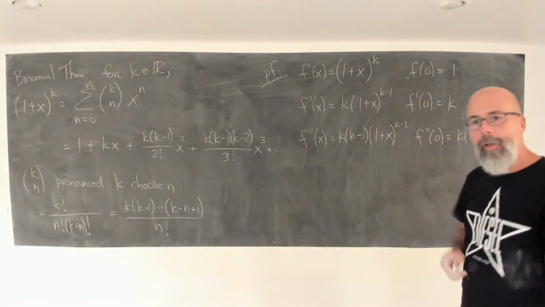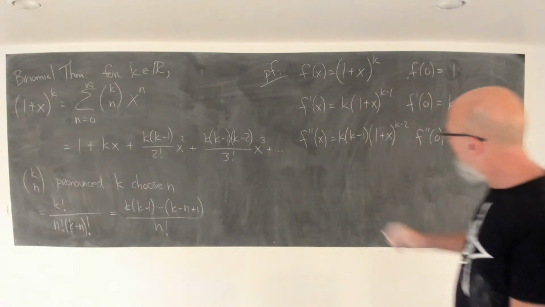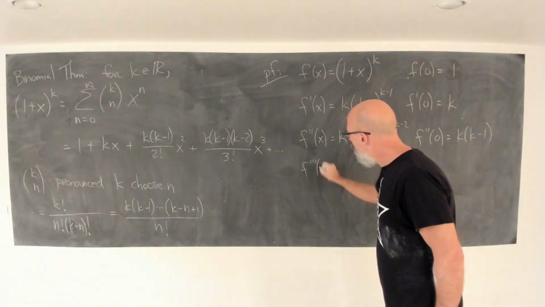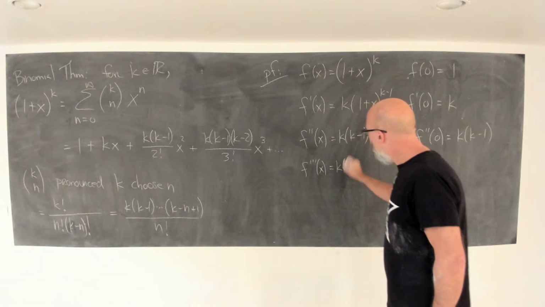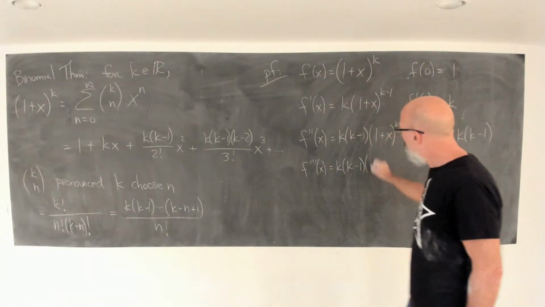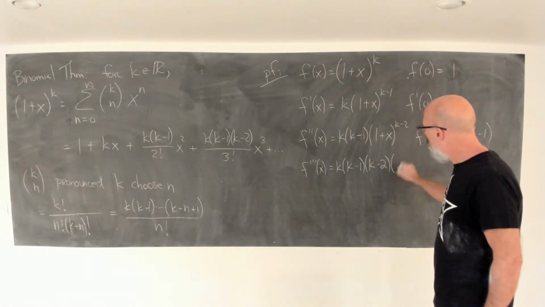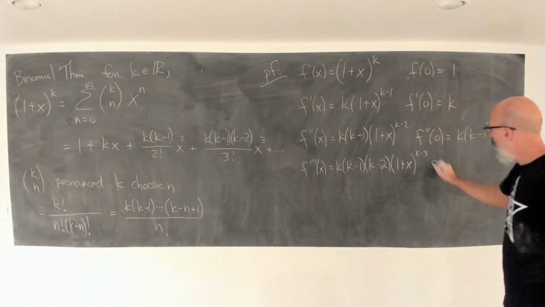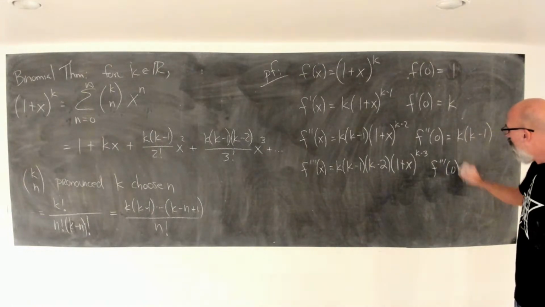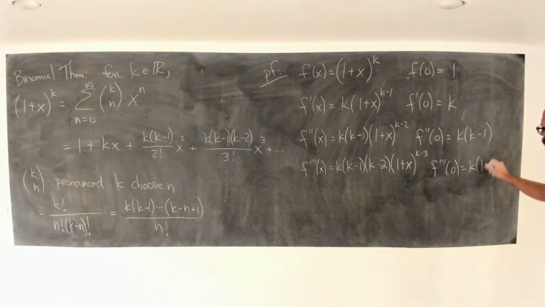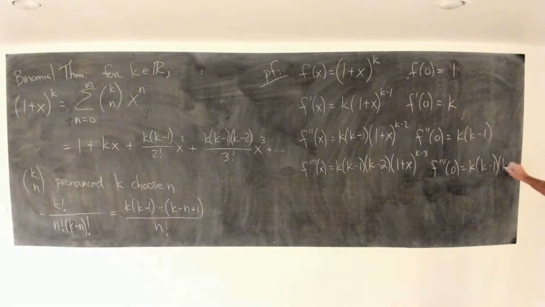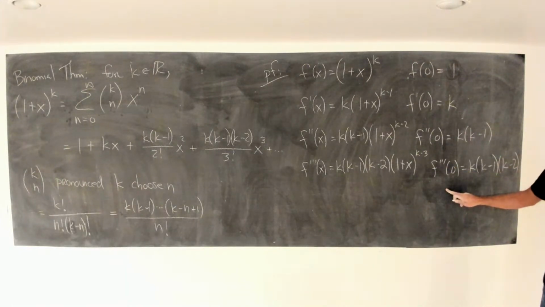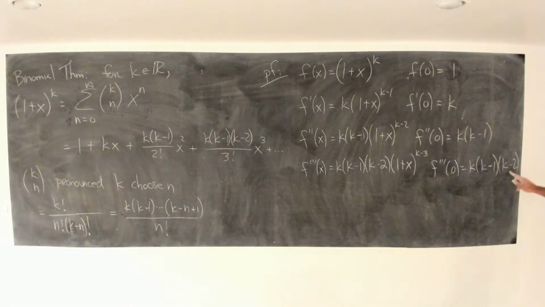And you keep going until you see a pattern. Third derivative, third derivative at 0. I think we see what's happening, right? The next derivative, you're going to have a K, K minus 1, K minus 2, K minus 3, and so on and so on.